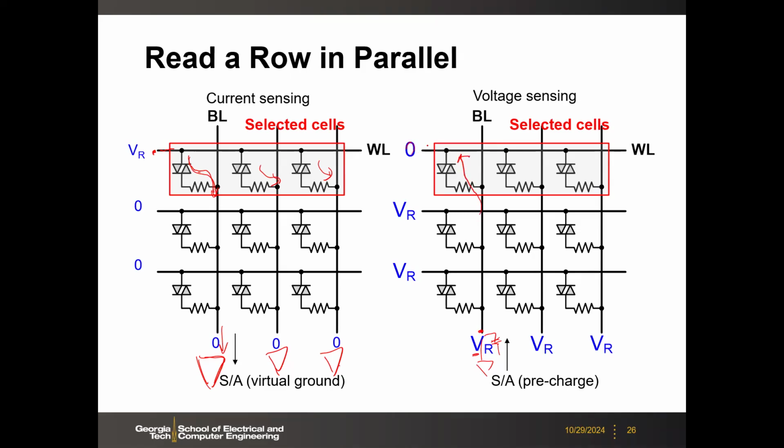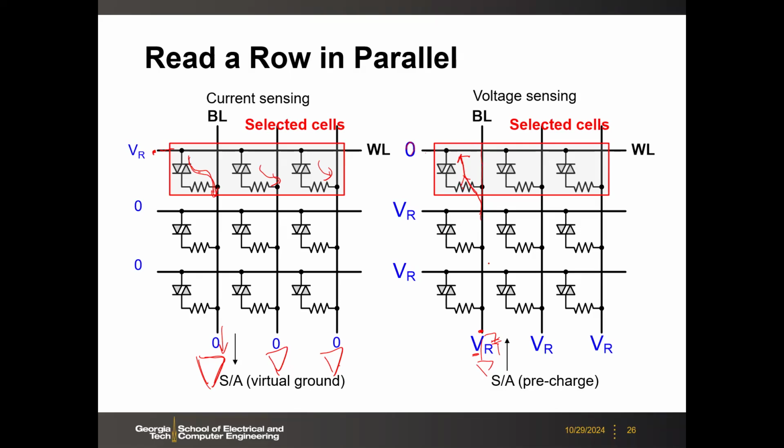So here you ground the selected line, and you have the current through this resistor. Depending on the resistance, the current might be high, might be low. Then that can decay the bit line with different rates. The bit line voltage will decay over time, and then you can determine a time to sense.